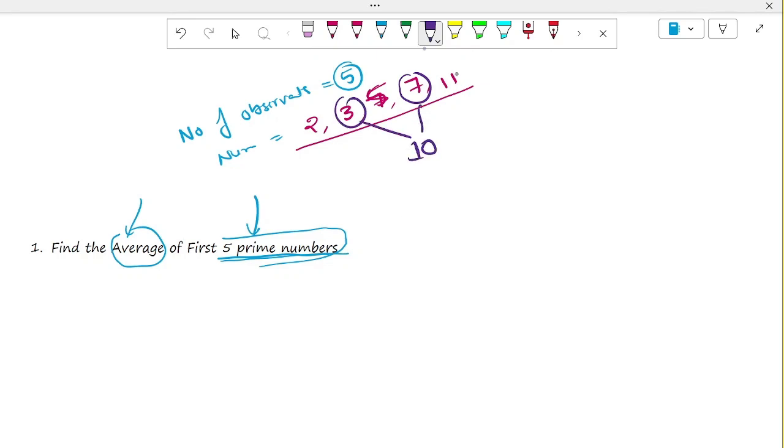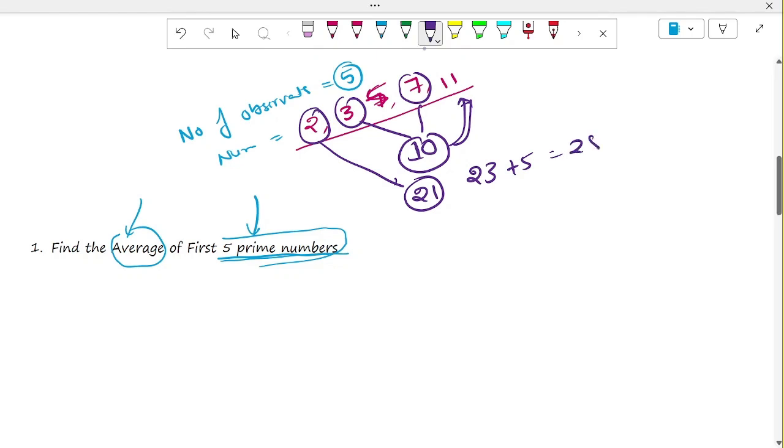So this 10 can be added easily to any of the numbers. So add it to the bigger number. 10 plus 11 will give you 21. So 21 plus 2 will be 23, and 23 plus 5 is equal to 28. Right. So the sum is 28 divided by the number of observations, 5.